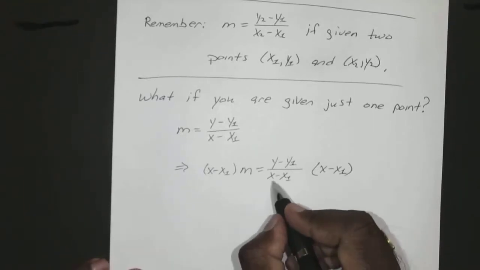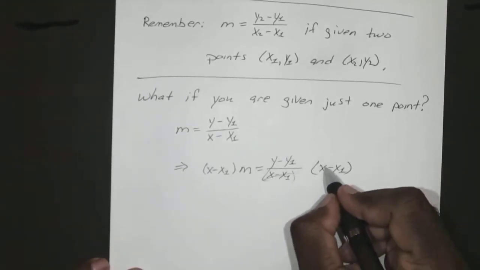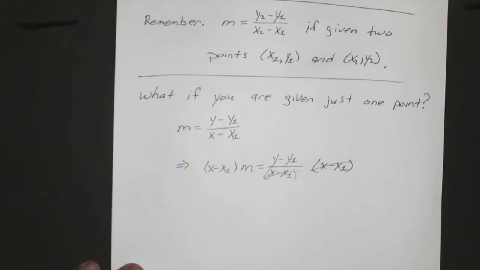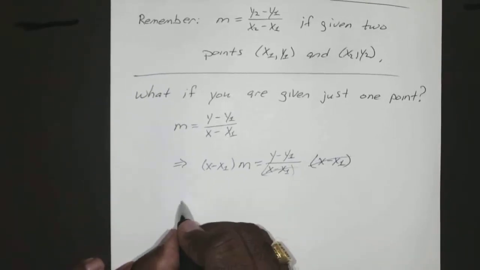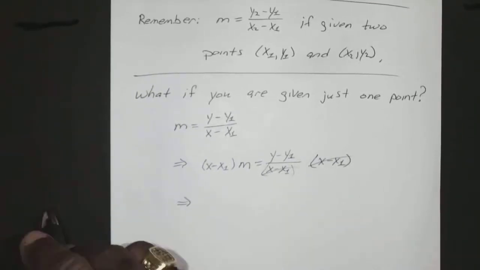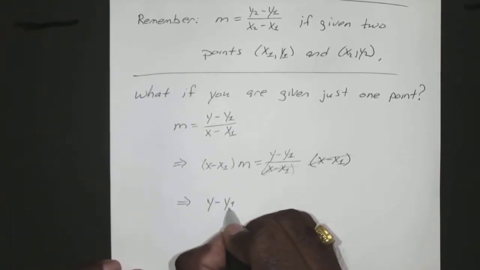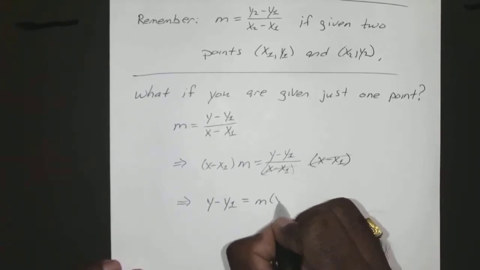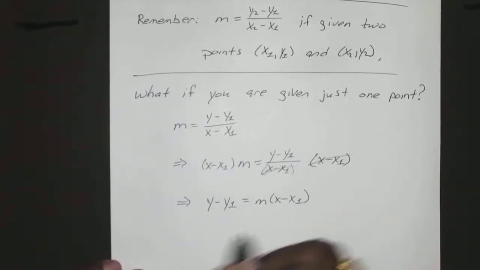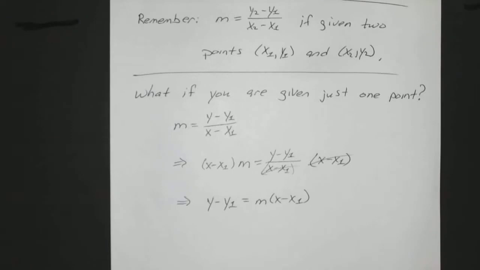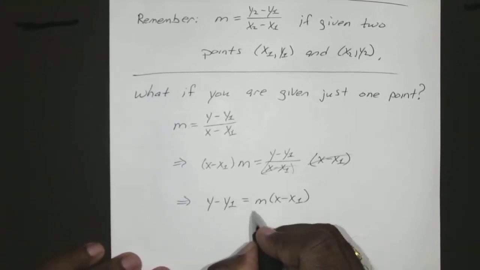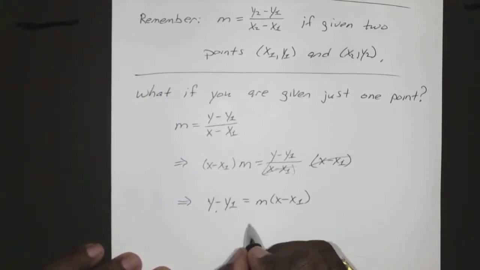Okay. Well, these two will actually just cancel each other out. So you end up with y minus y1 equals m times x minus x1. And I'll just switch them over because my little quirk of having my y on the left. Okay. Now this form here, or if you wanted to, you can add y1 to both sides.